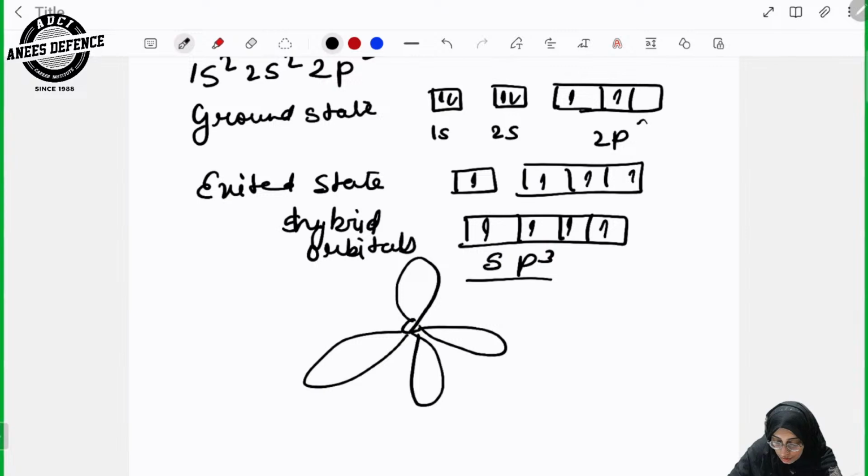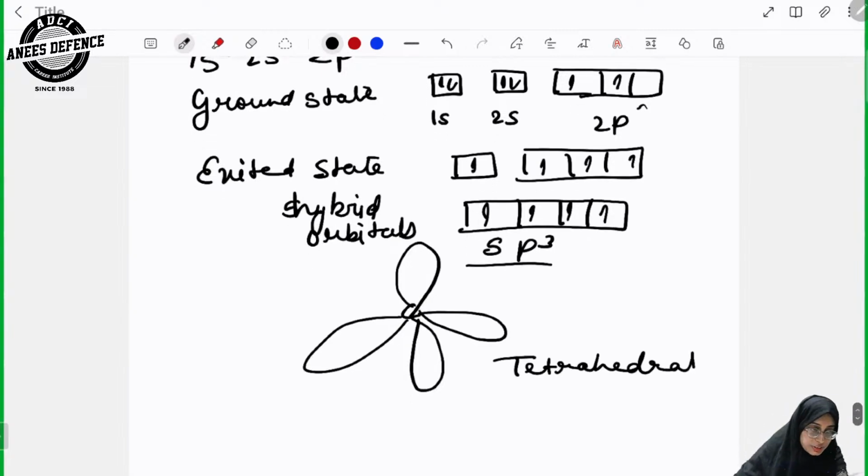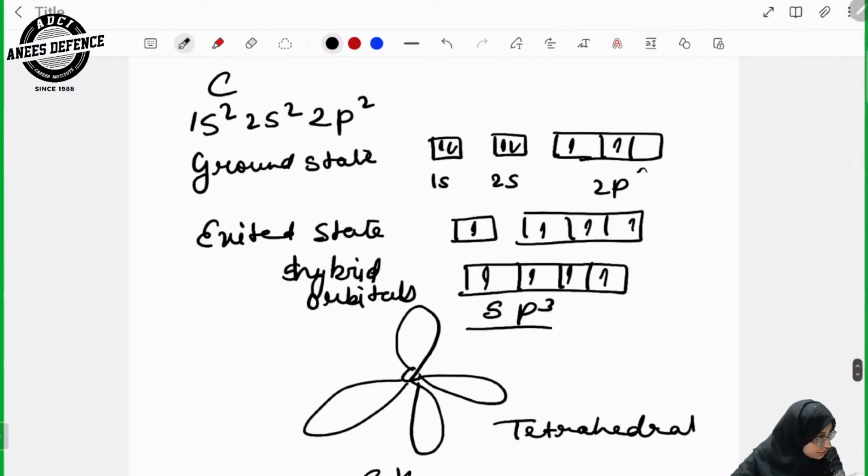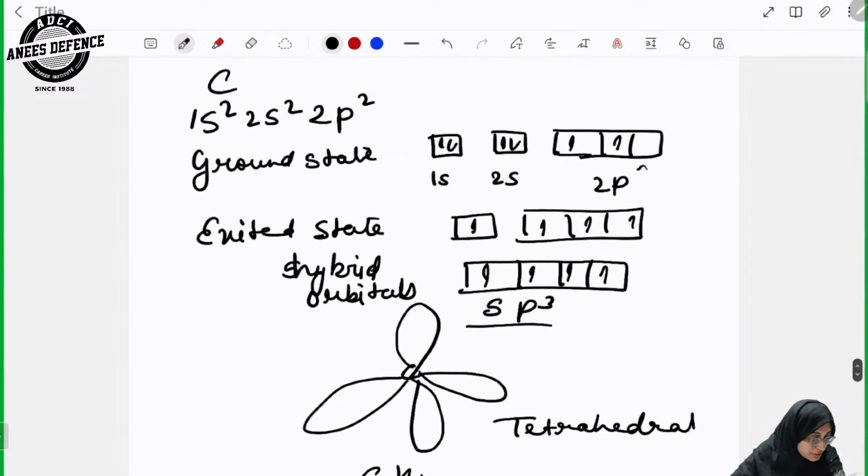This is the tetrahedral structure. Although this drawing is not very good, this is the tetrahedral geometry of sp3, the CH4 molecule. Are you getting me? This is how hybridization takes place in carbon and hydrogen.